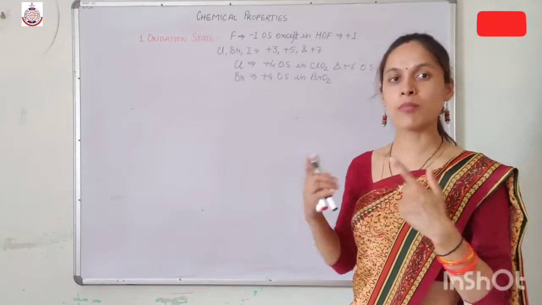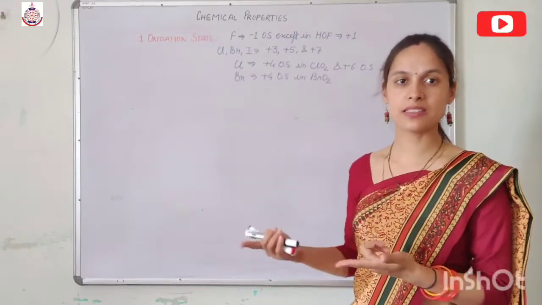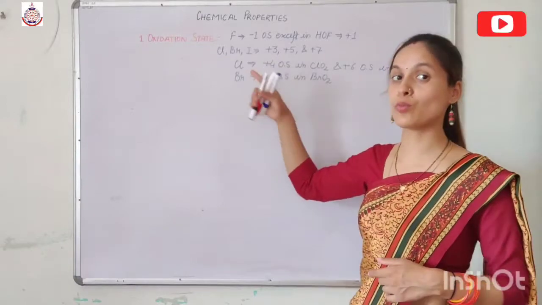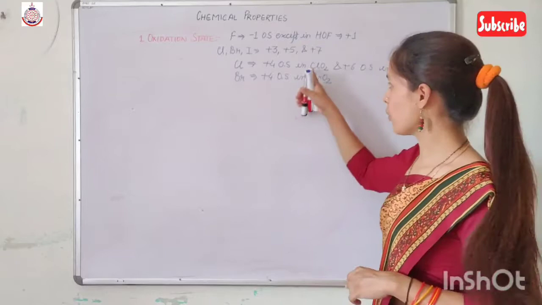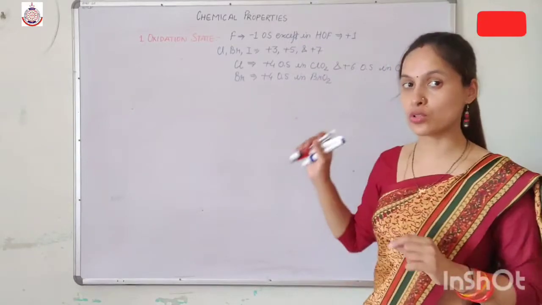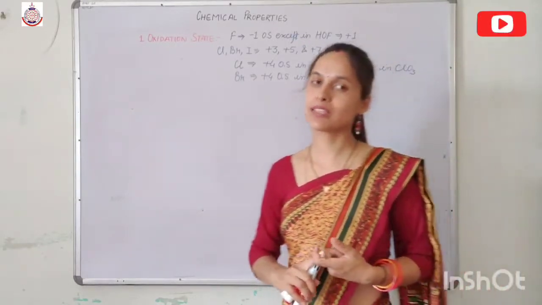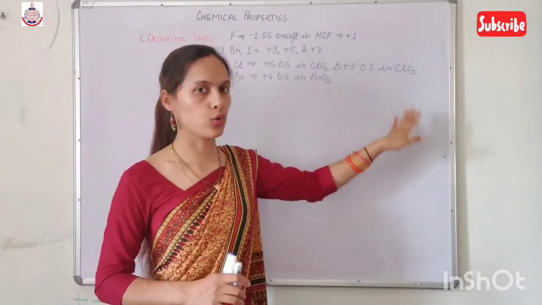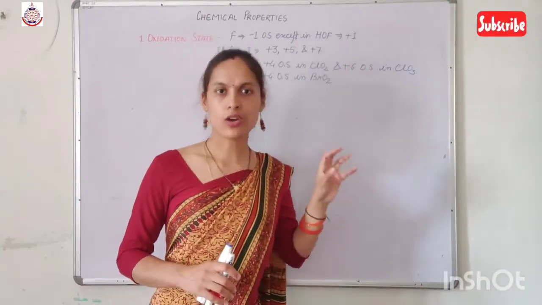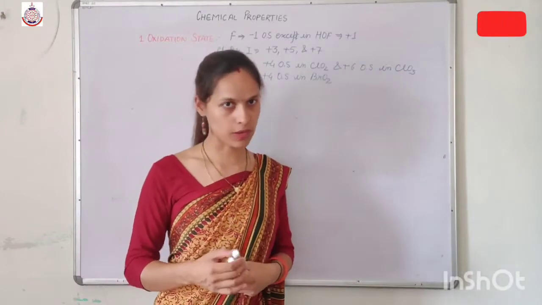Along with +1, -1, +3, +5, +7, chlorine also shows two more oxidation states, +4 in ClO2 and +6 in ClO3, and bromine also shows +4 oxidation state in BrO2. So this is all about the oxidation state of the halogen family.